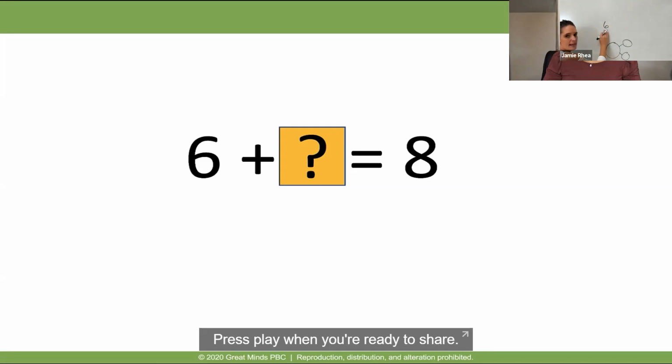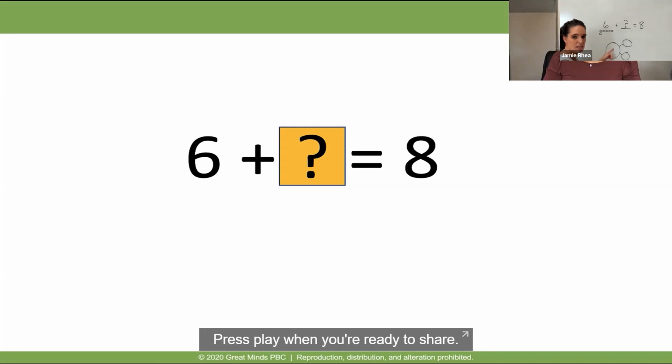So I have 6 pieces of candy. So 1, 2, 3, 4, 5, and 6. My son gave me some more. Don't know how many I have. Altogether, I have 8 pieces of candy.